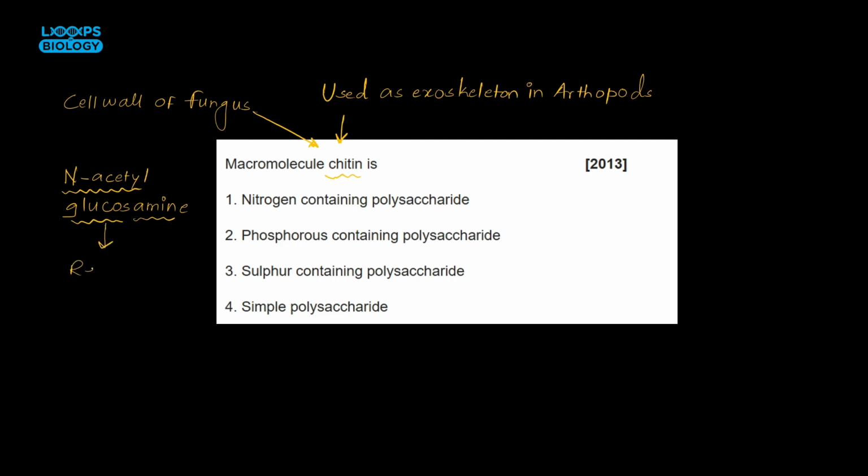If I'm talking about repeated glucose units, that means you are going to see a case of polysaccharide, and it should be a nitrogen containing polysaccharide. As the amine group contains NH2, that means there is going to be the presence of nitrogen. So chitin is a nitrogen containing polysaccharide with monomeric unit N-acetyl glucosamine. This has also been asked in the NEET exam.